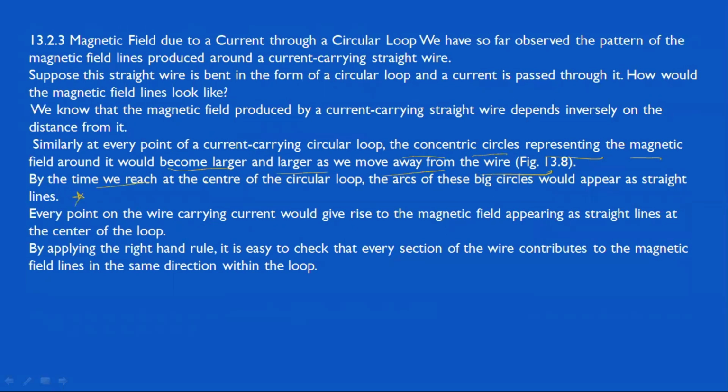By the time we reach the center of the circular loop, the arc of these big circles would appear as straight lines. Every point on the wire carrying the current would give rise to the magnetic field appearing as straight lines at the center of the loop. By applying the right hand rule, it is easy to check that every section of the wire contributes to the magnetic field lines in the same direction within the loop.